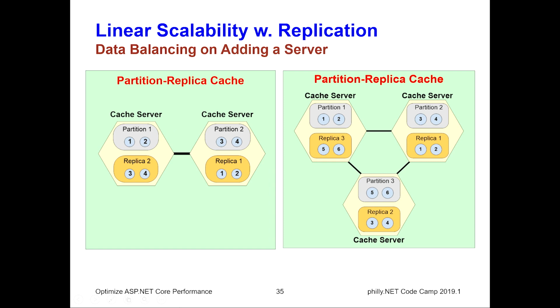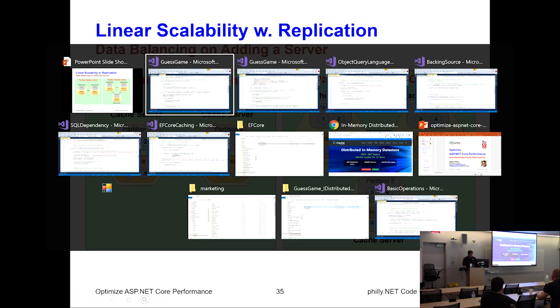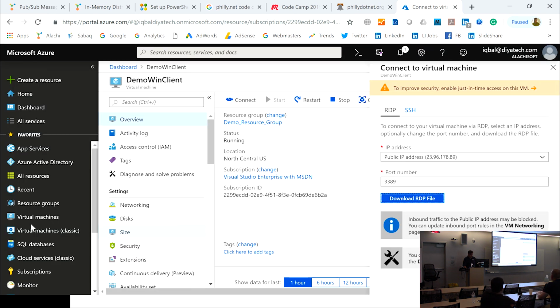Let me quickly show you what NCache looks like. So I've got Azure, where I've provisioned, if I can just get the portal, there it is. It's really slow. Come on.